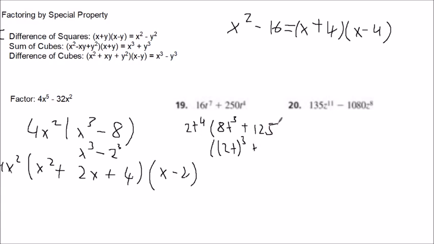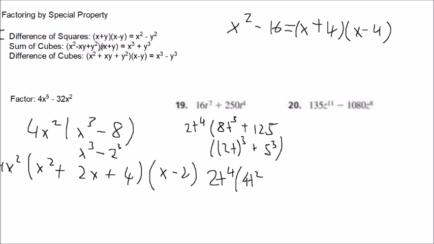125 is 5 cubed. So now we have the x cubed plus y cubed form. We can still keep the 2t to the 4th. Now we're going to use the sum of cubes. So we have 2t squared. What's 2t squared? It's 4t squared.